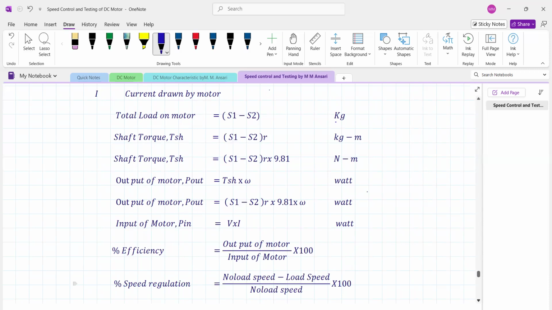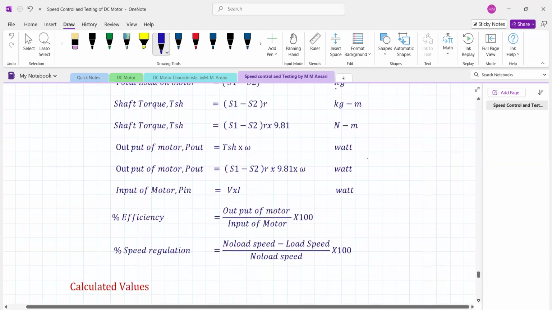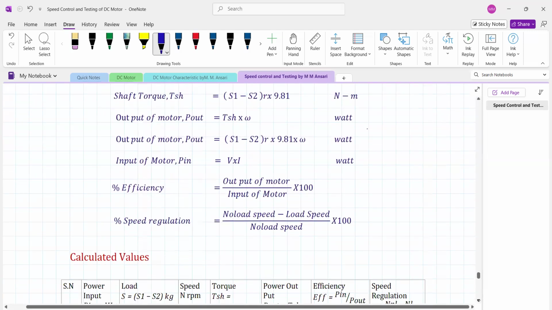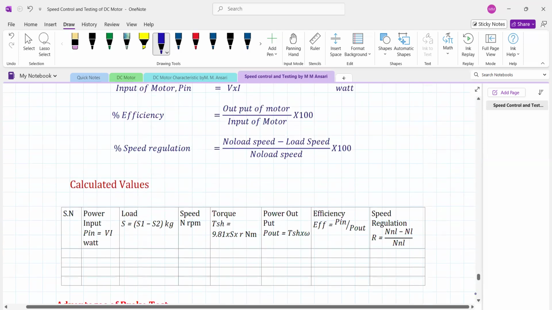the speed regulation. Once all these observations and calculations are available, it is possible to tabulate the calculated values. The calculated values are the power input to the motor, and the load on the motor, which is in kg or in Newton.